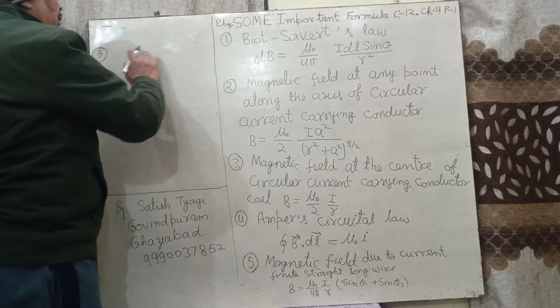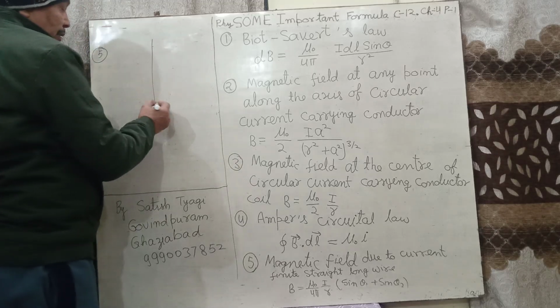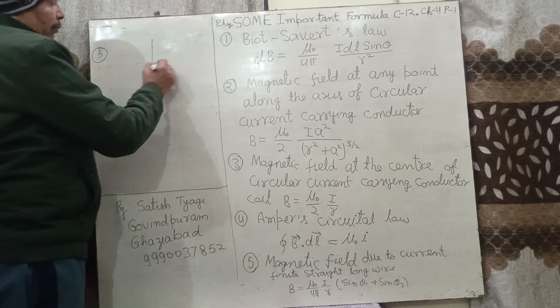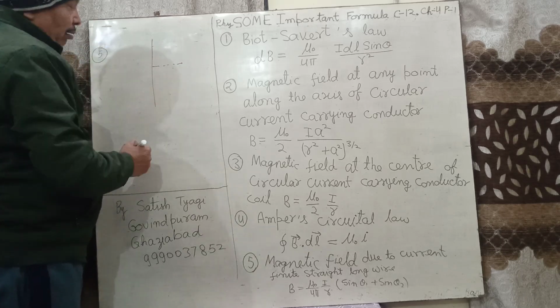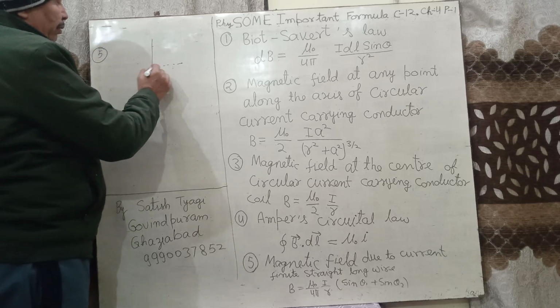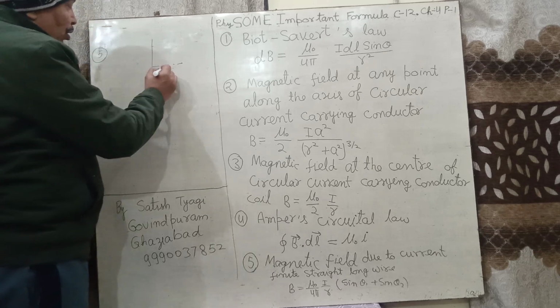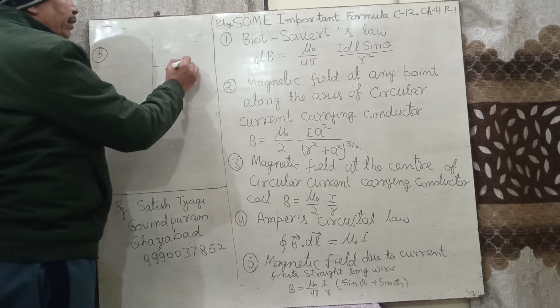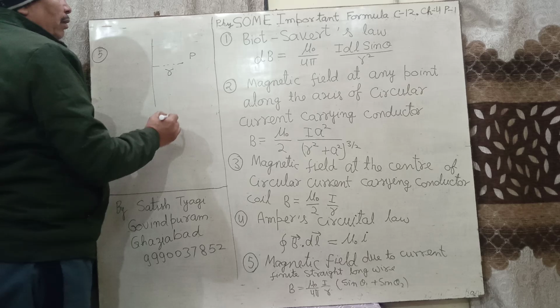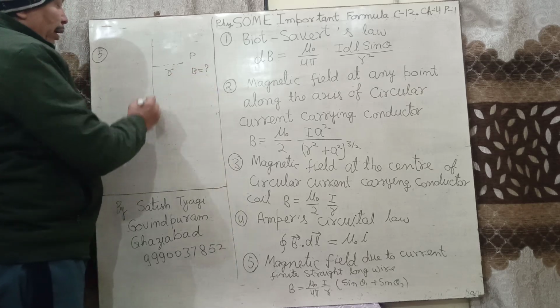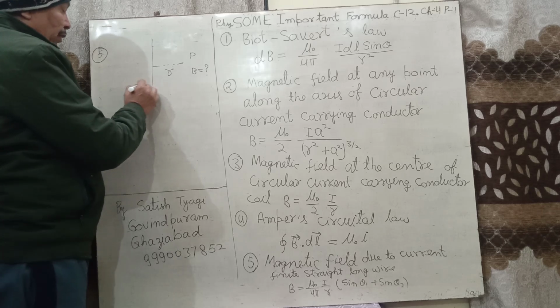Suppose this is the straight wire, and the distance of the point from the wire is small r, where we find the magnetic field B equal to question mark, and current I flows here.